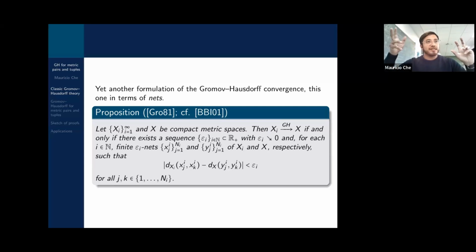And if we compare the distances of points in the first net with the corresponding distances of points in the second net, then they are very similar. They differ at most by epsilon i. So one can think of this as recovering the Gromov-Hausdorff convergence by looking only at finite, and very dense, sets of points in Xi and in X, right?